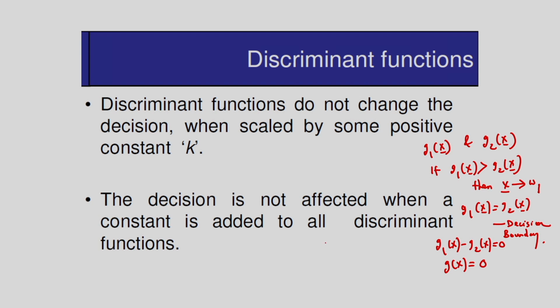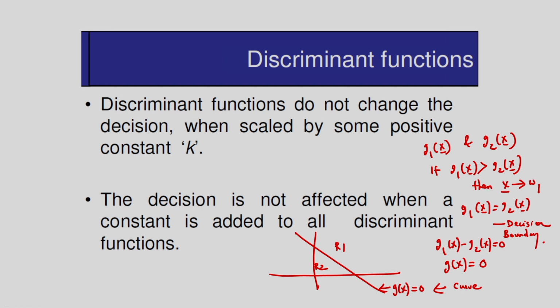If I consider these two classes in the Fisher space, I have two regions, R1 and R2, and the equation of the decision boundary is g(x) equal to 0. That is the equation of the curve, or in this case I am considering the line as the decision boundary.